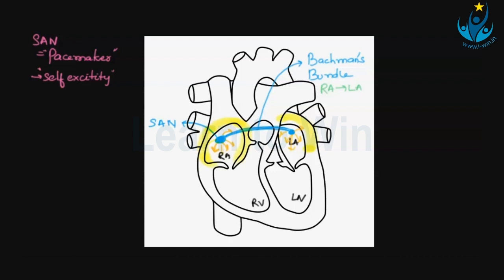At the same time, as the atria are depolarizing, the signal will slowly move to an area in the interventricular septum, to a node, and this node is called the AVN, the atrioventricular node.